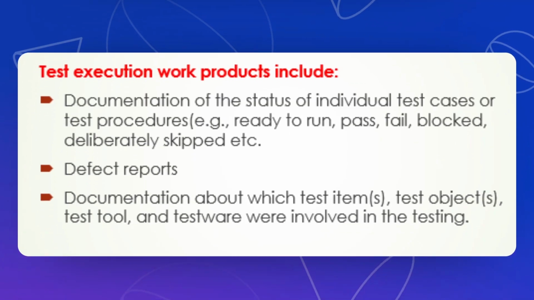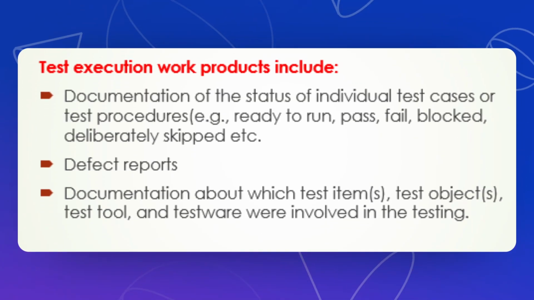In the test execution work product, in this phase, we are executing test cases. So we prepare the defect report and documentation of the status of individual test cases or test procedures: ready to run, pass, fail, blocked, deliberately skipped, etc. Also documentation about which test items, test objects, test tools, and testware were involved in the testing.